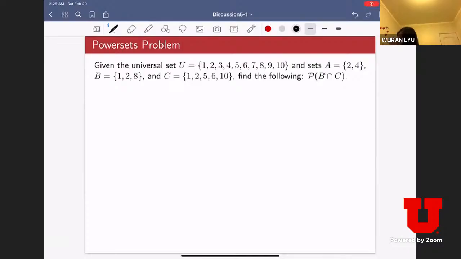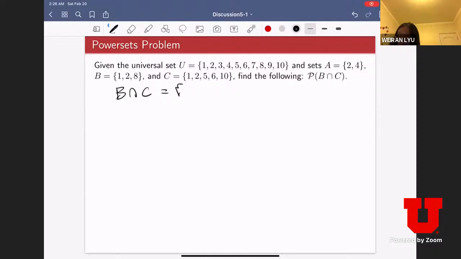We can do this one together. So we're given the universal set 1, 2, 3, 4 all the way up to 10, and the set A contains elements 2, 4, and B contains elements 1, 2, 8, and C contains 1, 2, 5, 6, 10. So we want to find the following: the power set of B intersect C. So why don't we just write out B intersect C first?